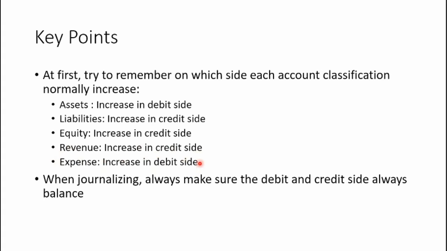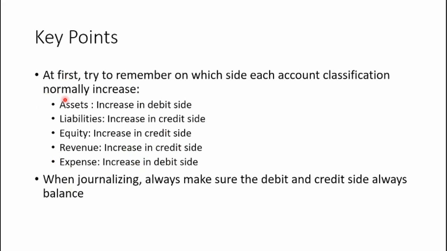Maybe in your school or university, you will find a new account that sometimes you don't even know what it is, or what the normal debit or credit side is for that account. What you need to do is identify whether it is an asset, liability, equity, revenue, or expense. You just need to remember the account classification.